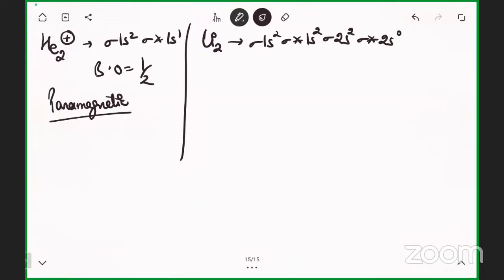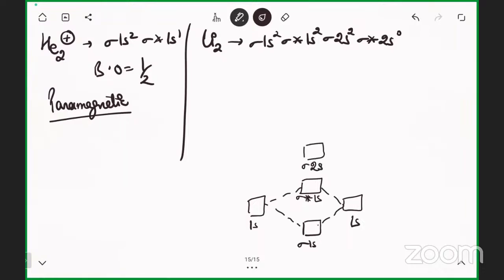Okay, so first, if I make the diagram, Li on the left side. Now we have to make the molecular orbitals. See, we have 1s and 2s both. So this is 1s, 1s, this is sigma 1s, this is sigma star 1s, then sigma 2s, then sigma star 2s, then 2s orbital, 2s orbital.